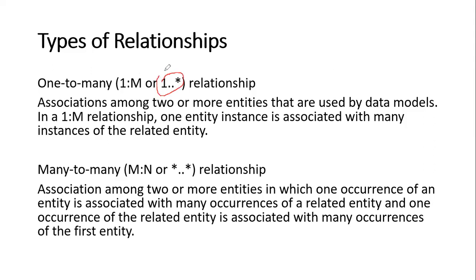Commonly, we use the double dots in vertical format, and the star is called all. The asterisk mark in software means all. When we put an asterisk, it means all, many, all together. So you can write this relationship.